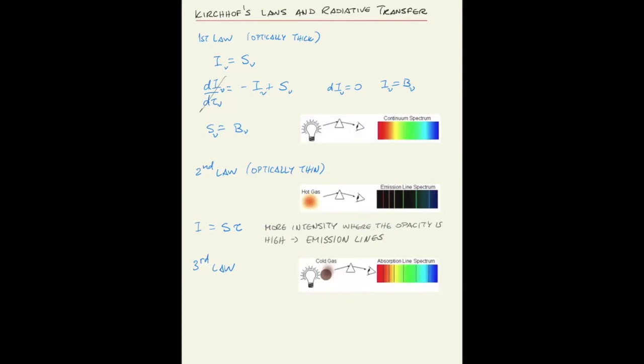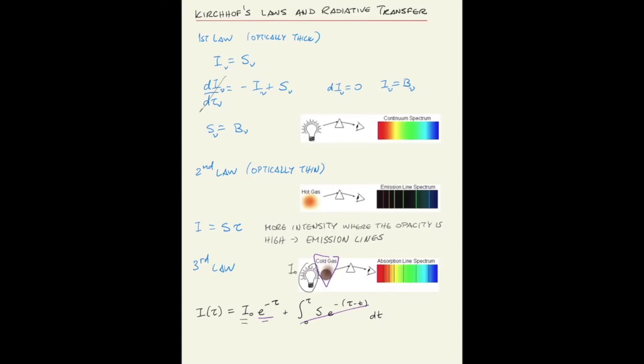Let's get to the equation of radiative transfer. In this case, you can separate between two gases. You have the lamp, which is the background illumination. That's your I naught. That's this term. And you have the cold gas here. Cold gas means that there is no emission, so this term here cancels out, but it gives you an absorption. That's the exponential in here.